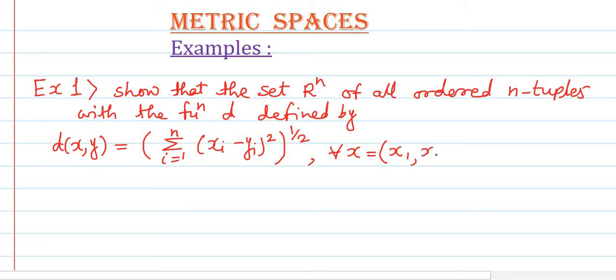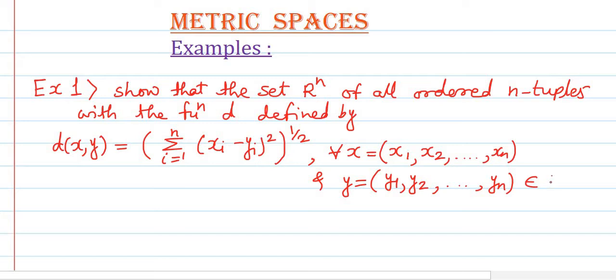Suppose the members are x1, x2 and so on up to xn, and y is equal to, it is again the ordered n tuple having members y1, y2 and continued up to the yn, and both these x and y belongs to the set R raised to n.